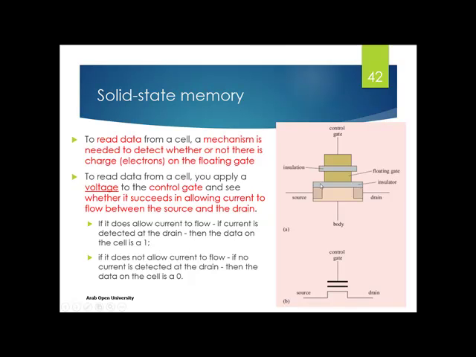If there is a charge in the floating gate, the voltage will be opposed by this charge, and the current will not be drawn. Thus, if the current does not flow, this means that there is a charge and it is a zero. If the current flows, there is no resistance in the floating gate and thus no charge, so the cell is 1.